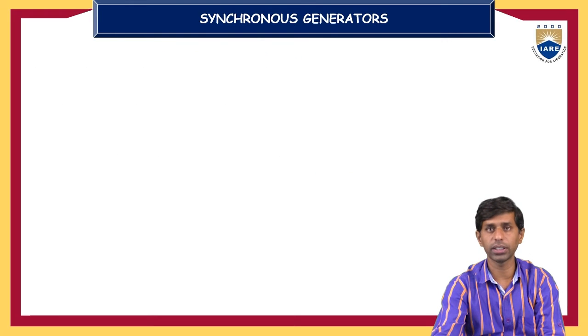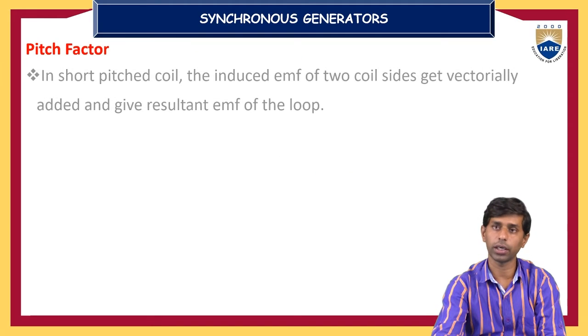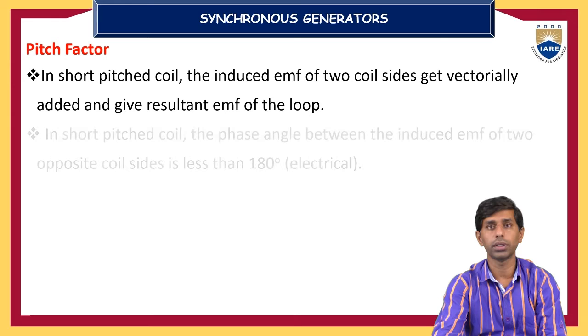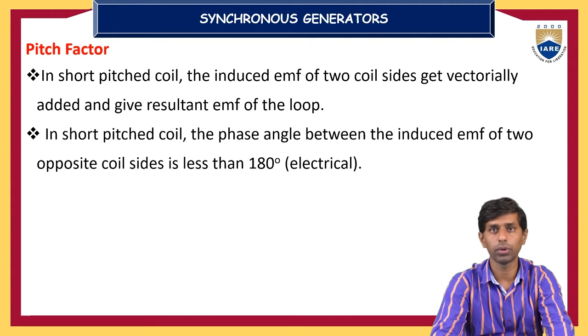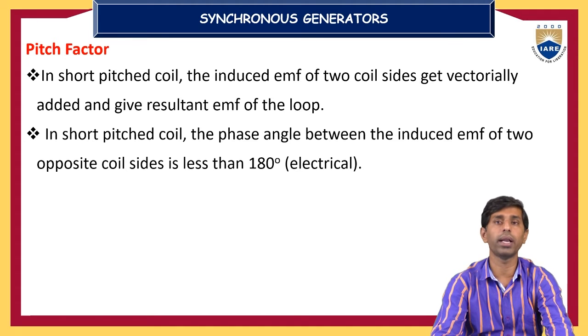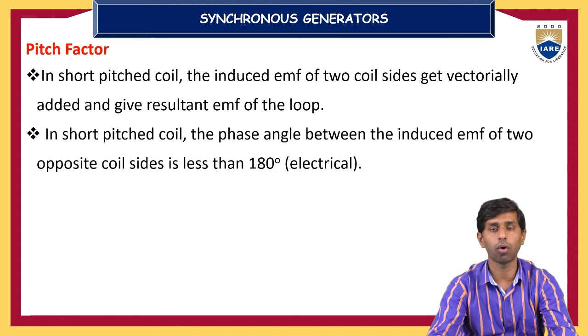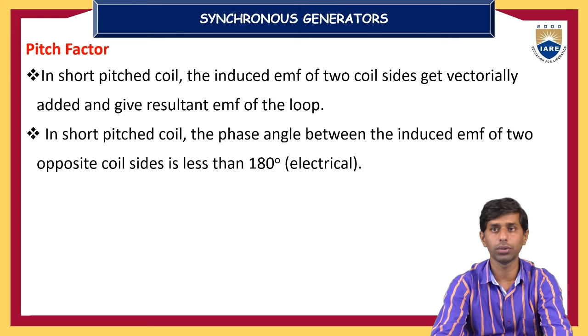First we have to derive the expression for pitch factor. Later we will derive the expression for distribution factor. In a short pitched coil, the induced EMFs of the two coil sides get added vectorially, and that gives a resultant induced EMF. But in the case of full pitched winding, the induced EMFs of the coil sides are added arithmetically.